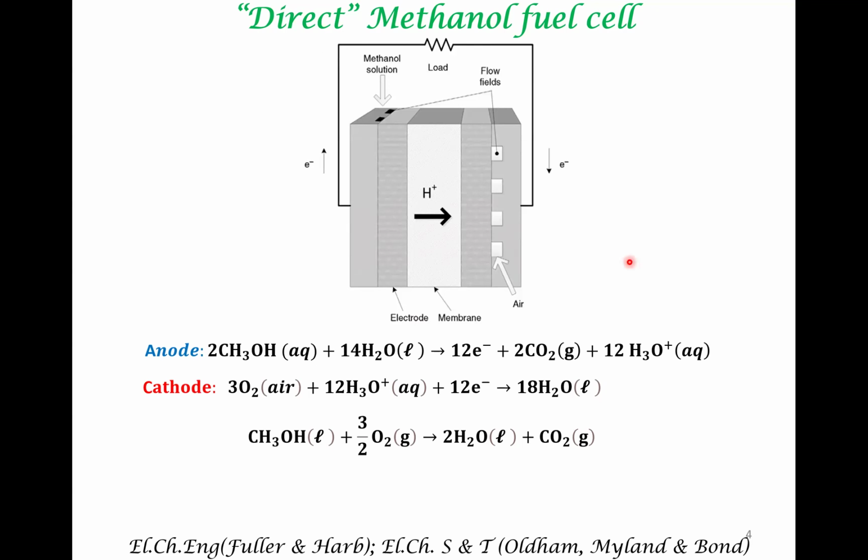So when you go from an exothermic reaction to understanding the potential, we use this simple relationship, which we have discussed earlier when we looked at electrochemical thermodynamics. The delta G of this reaction is here. This involves 2 moles, therefore, 2 moles involve 12 electrons, whereas 1 mole involves 6 electrons.